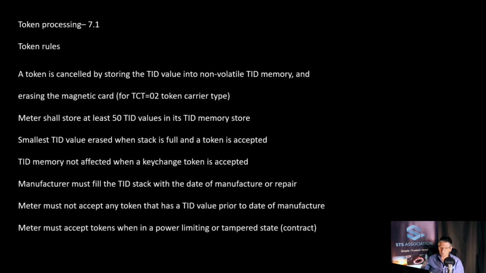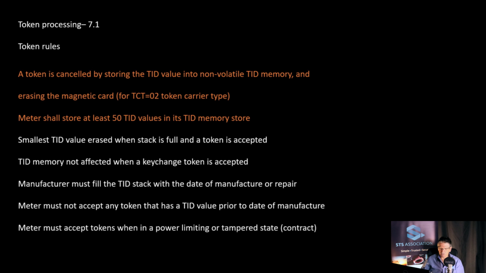Let's look at the token rules. A token is cancelled by storing the TID value into non-volatile TID memory and/or erasing the magnetic card for token carrier 02 types. The meter will store at least 50 TID values in its TID memory, which is non-volatile.